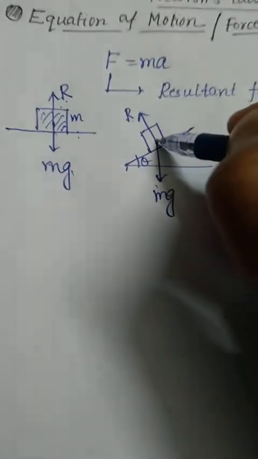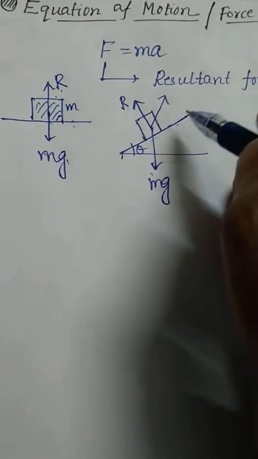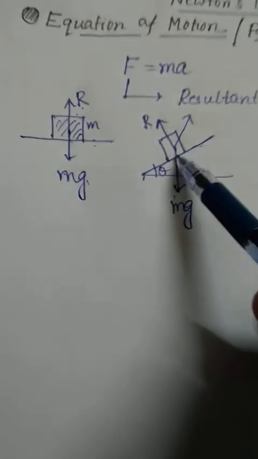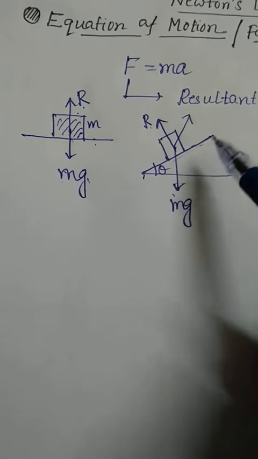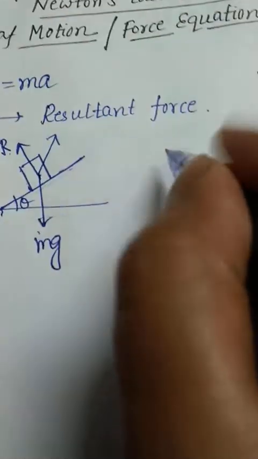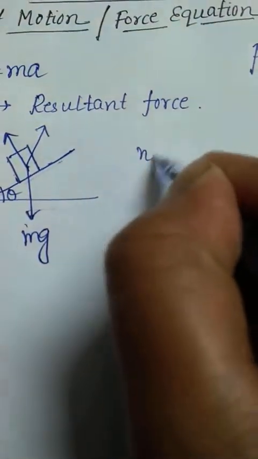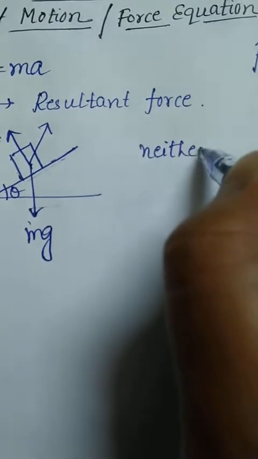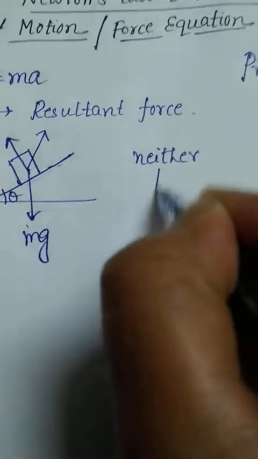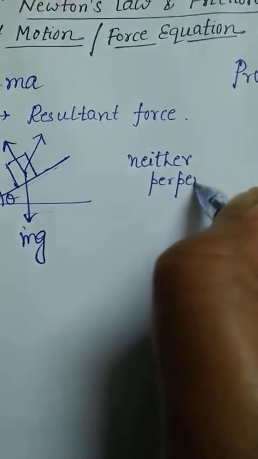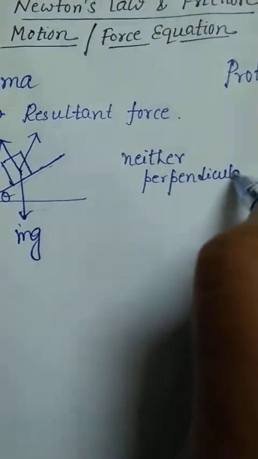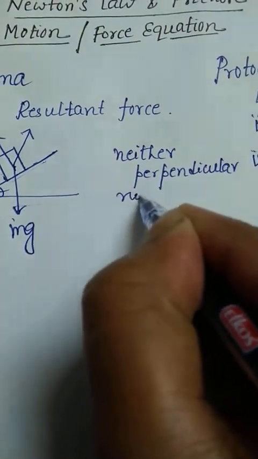Suppose a force is acting along this direction. So choose the forces which are neither perpendicular nor parallel.